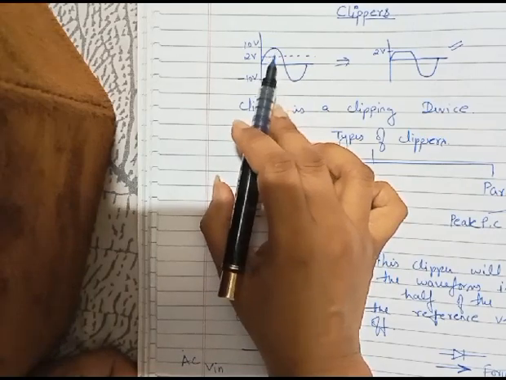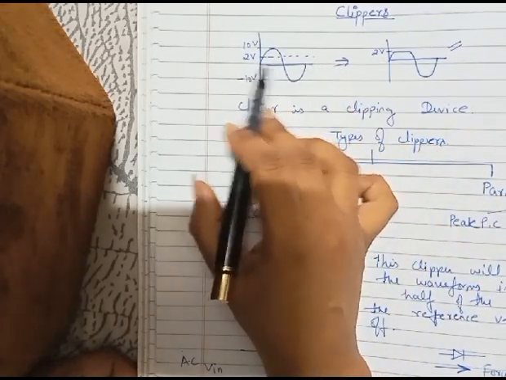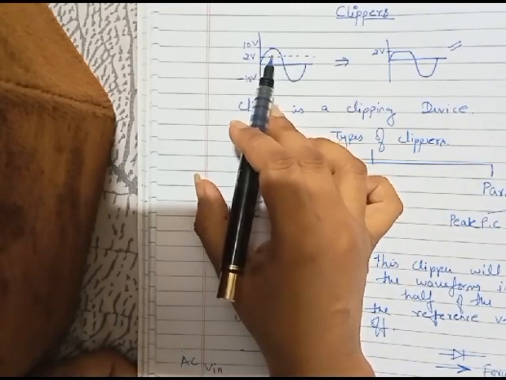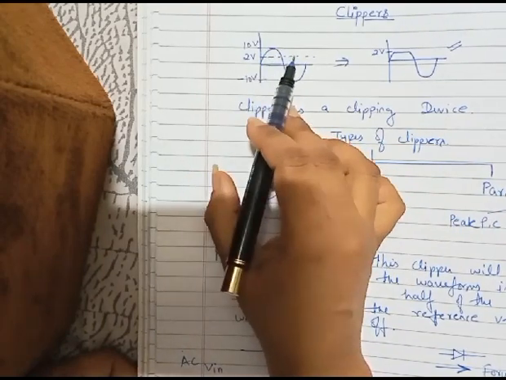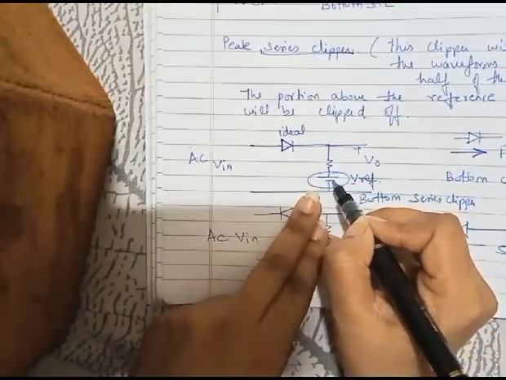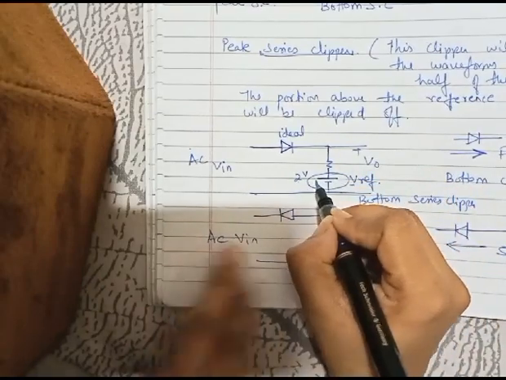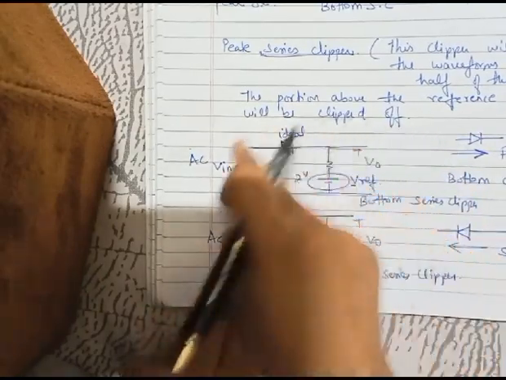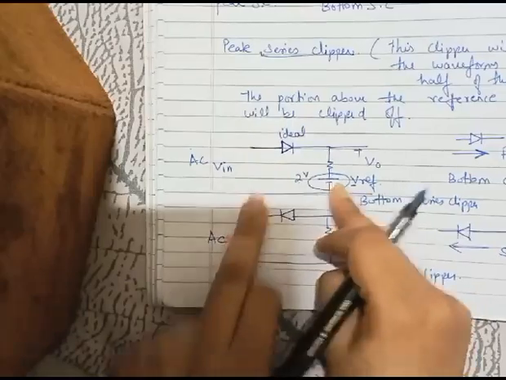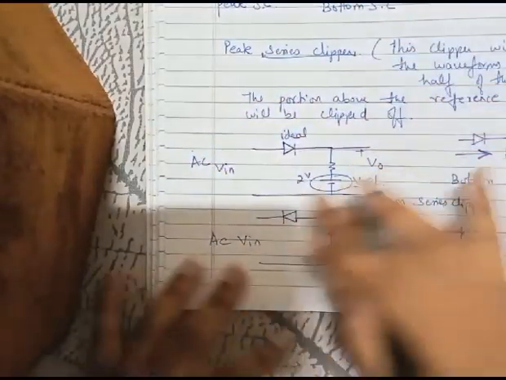This is an example of the peak clipper, so the waveform above the reference voltage is going to be clipped off. Similarly, if this voltage is 2 volt, then this is the circuit of a bottom clipper. It will clip off the waveform below the reference.